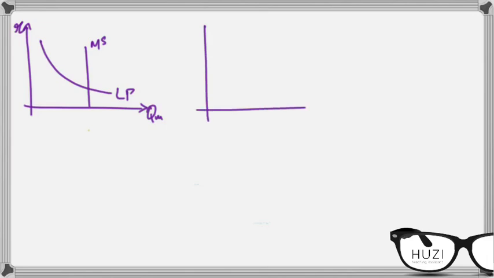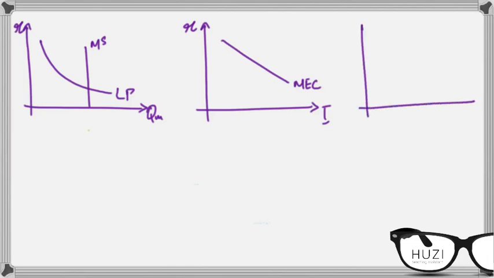Then marginal efficiency of capital, and interest rates over here. And then we have withdrawals, let me draw it a bit higher, and injections.